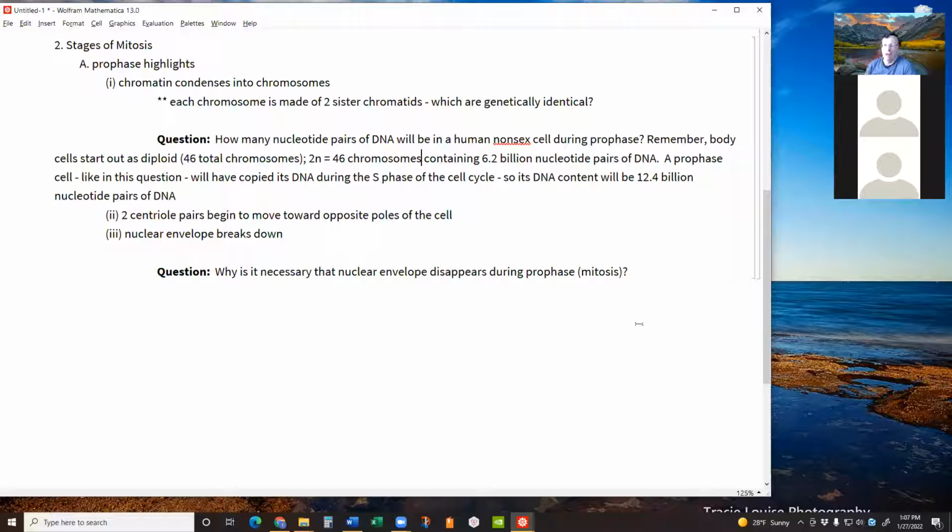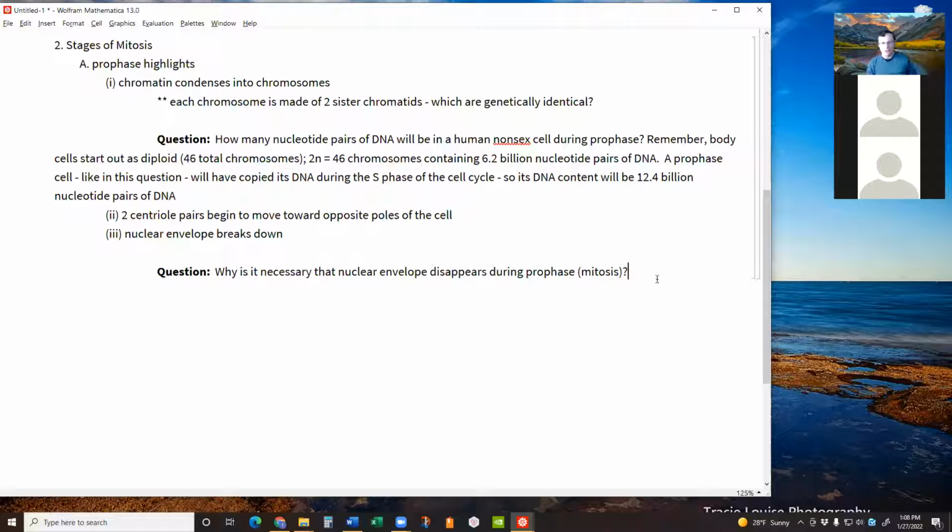Okay, so Terrell and Natalie, I really appreciate your responses here. And you're each spot on. Think about it. If you look at that picture in your book, the centrioles are outside the nucleus, aren't they? So if the nuclear membrane stays there, there's really no way for the centrioles to connect the spindle fibers to the chromatids. There's no way for the centrioles to connect the spindle fibers to the chromosomes. So there'd be no way for the machinery of the centrioles to move the chromosomes around to support the replication process of the cell.